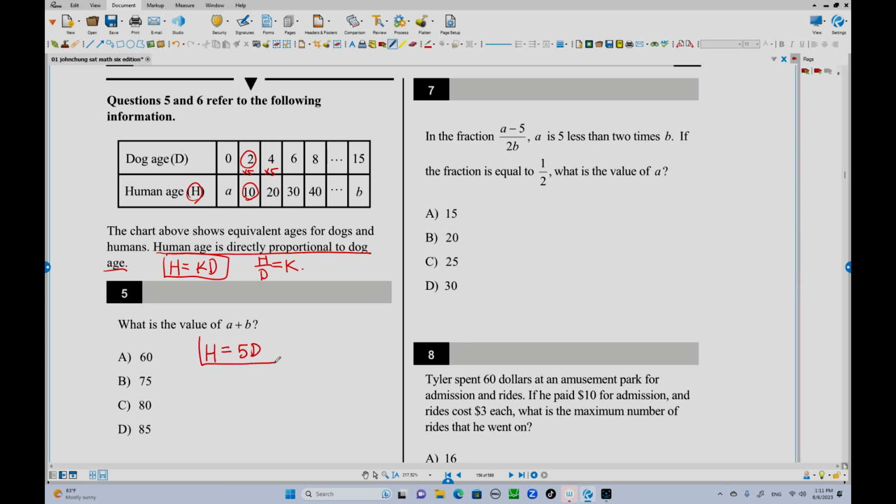When D equals 0, what is the value of h? h is still 0, so A equals 0. What is B? B is when D is 15, 5 times 15 is 75. That is the value of B. So 0 plus 75, B is the answer.